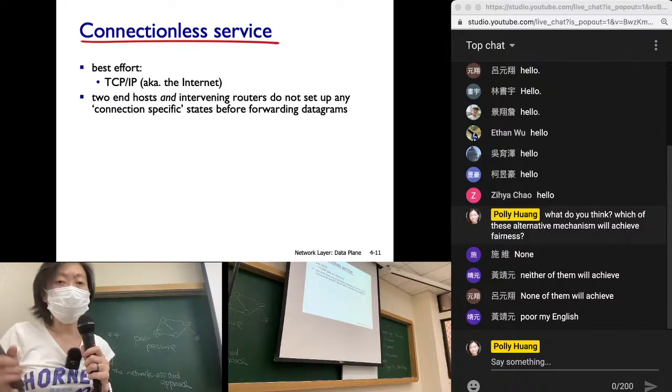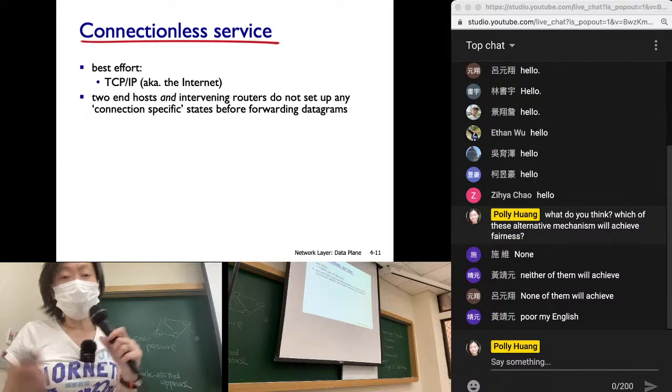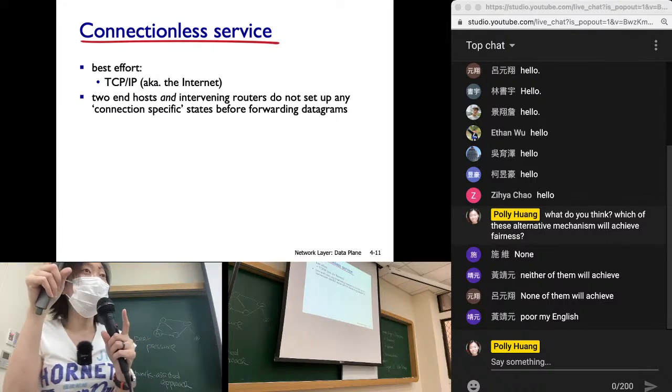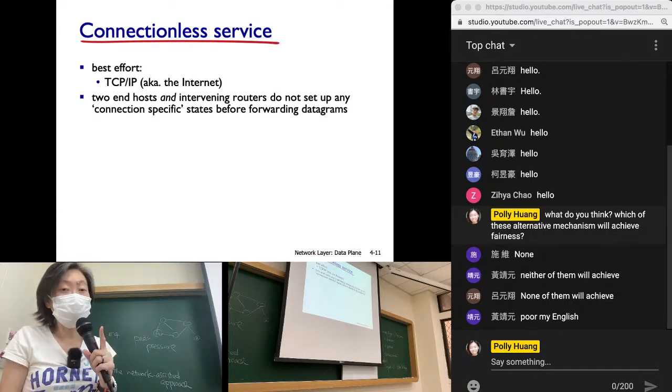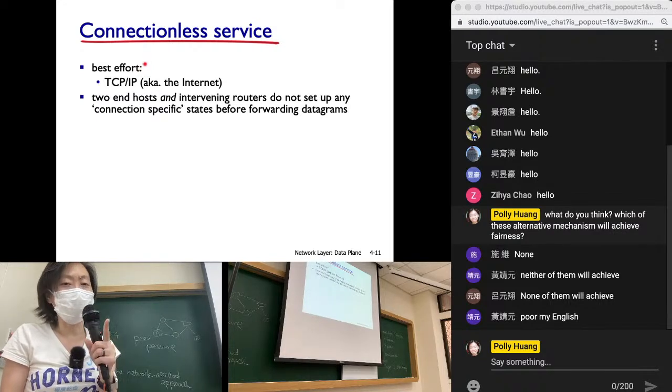First is called the connectionless network layer service. Hey, UDP, how do we call UDP not being reliable? Best effort. So the network layer that is connectionless is also a best effort service. In fact, internet is running in this model, the connectionless service model.